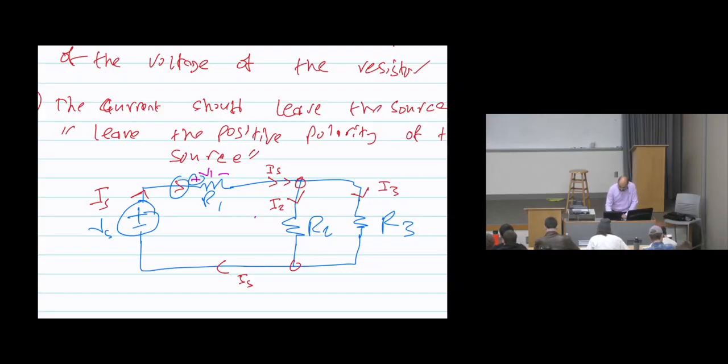Then here, plus minus V2, so the current enters the positive. Then here, plus minus V3, so the current enters the positive. That's it. Now all of the current directions and voltage polarities are given. That's how we find them.